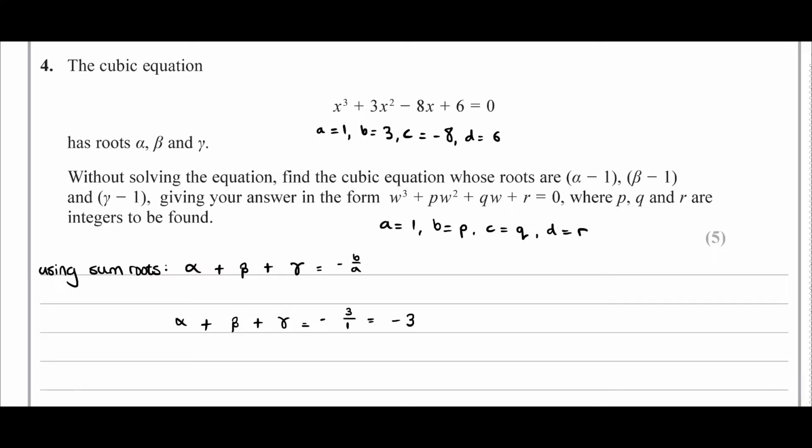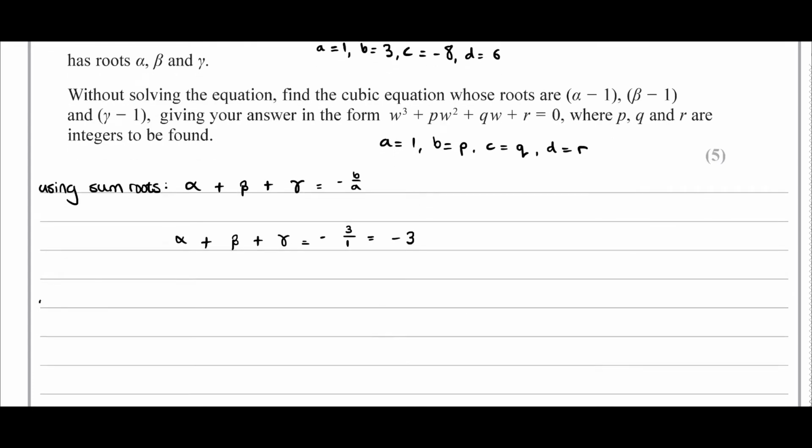And now if we use the pair sum, we have alpha beta plus beta gamma plus alpha gamma equals c over a. C is equal to minus 8, a is equal to 1. So we have alpha beta plus beta gamma plus alpha gamma equals minus 8 over 1, which is minus 8.